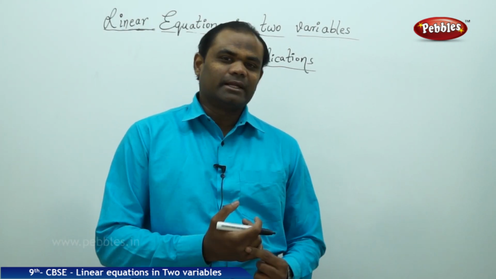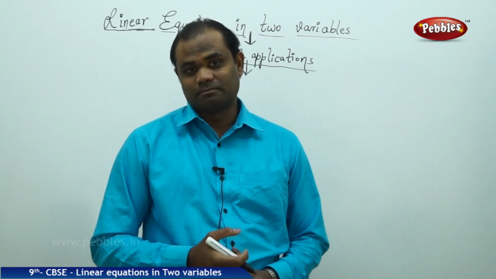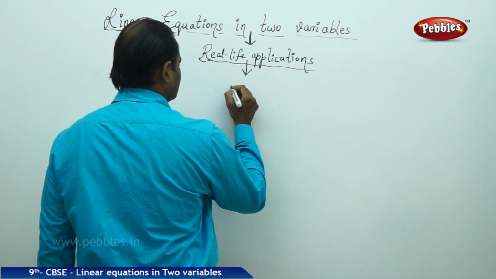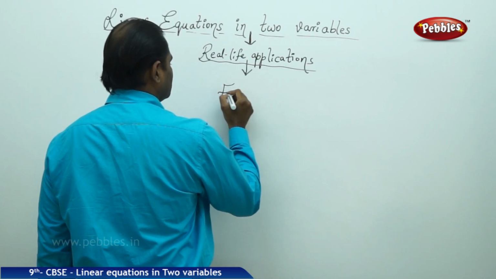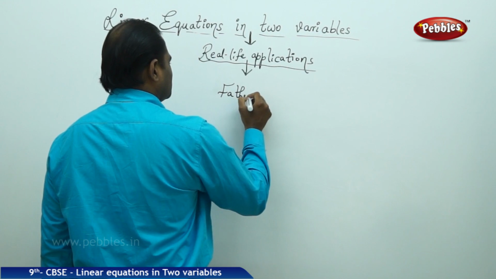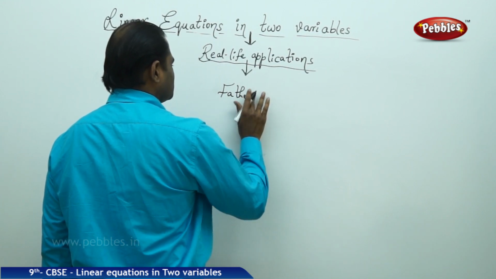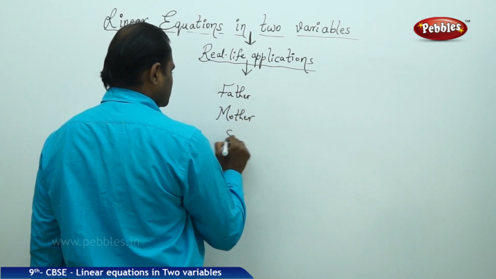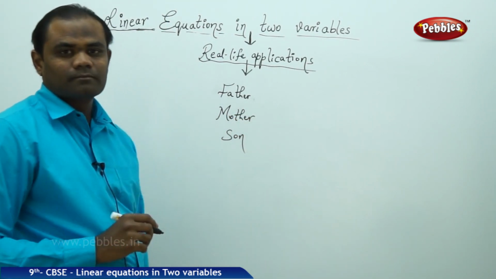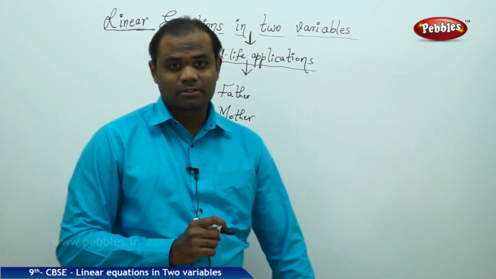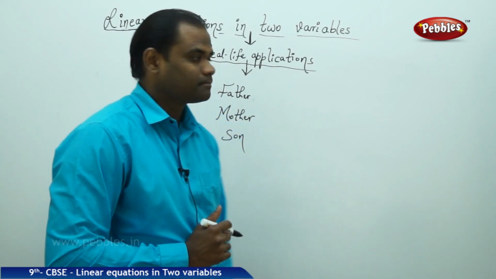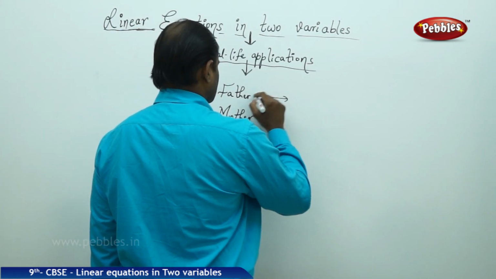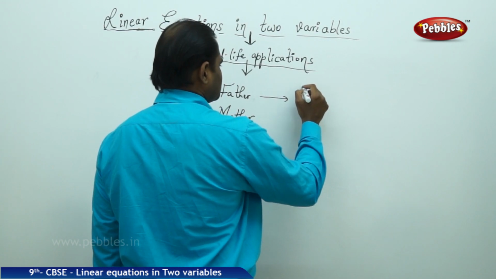For example, I connect this problem with the age of a person. Say a family has a father, mother and son, and let's see how this can be connected to linear equations.